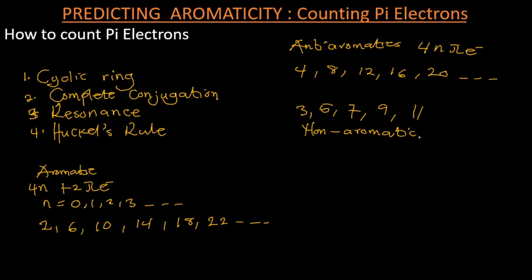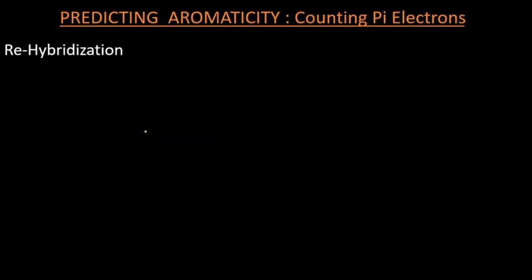And once it's a non-aromatic compound, it's not going to have any of these properties. It can be cyclic, but it's not going to be conjugated, and there's going to be poor resonance in there. Alright, then there is one thing that we have to take note of, and that thing is rehybridization.